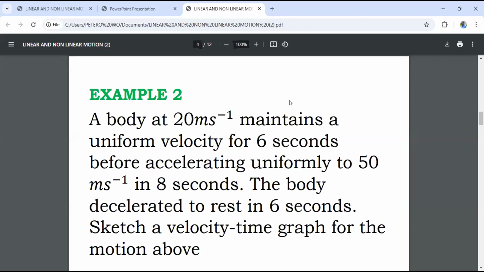From 20, maintaining a velocity of 6, then accelerating uniformly to 50 in 8 seconds, then decelerating to rest in 6. So this one, if we are to draw it, it will look like this. I'm drawing it on the page that we are having already.